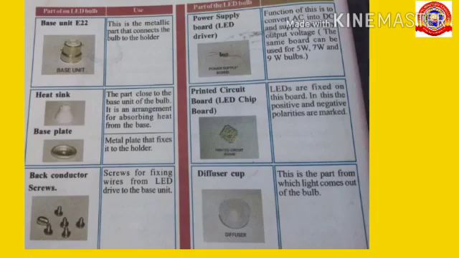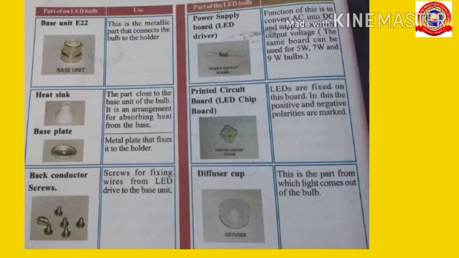Metal plate that fixes it to the holder. Then back conductor screws. Screws for fixing wires from the LED driver to the base unit. Power supply board. It is also known as the LED driver. The function of this is to convert AC into DC, where AC is alternating current and DC is direct current, and supply the necessary output voltage.